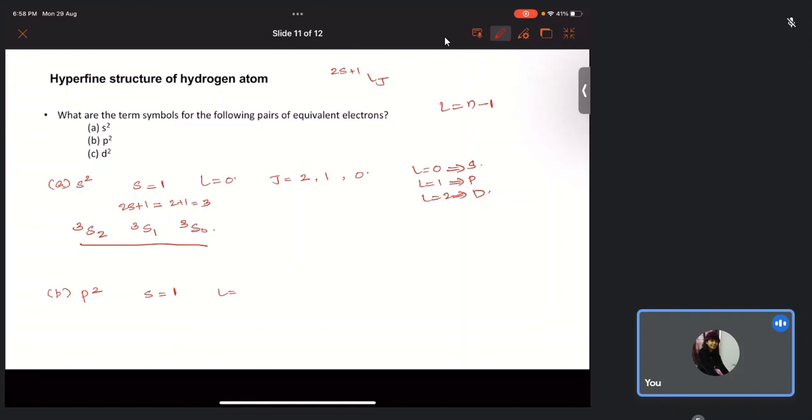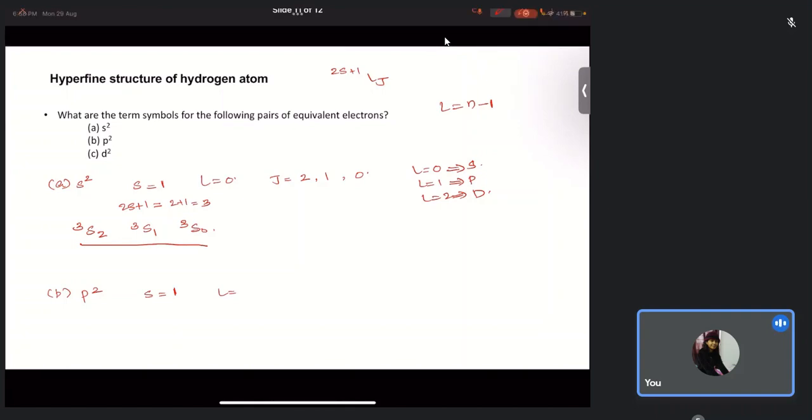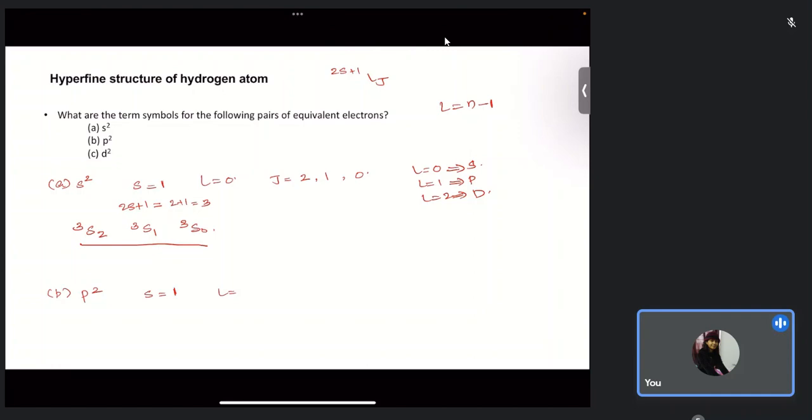So you can only have these values, where L is equal to 0, and the corresponding symbol associated with it is S.